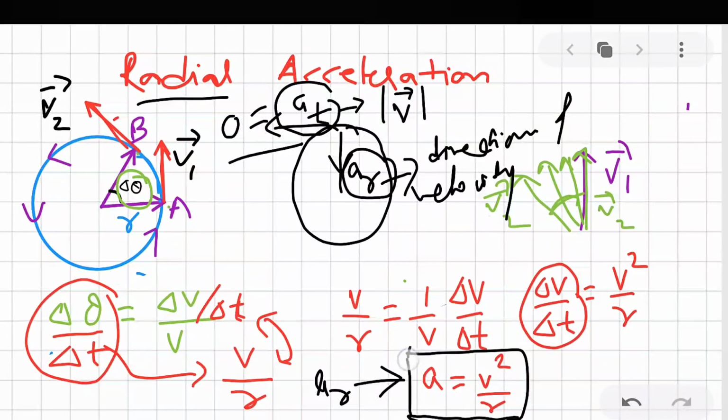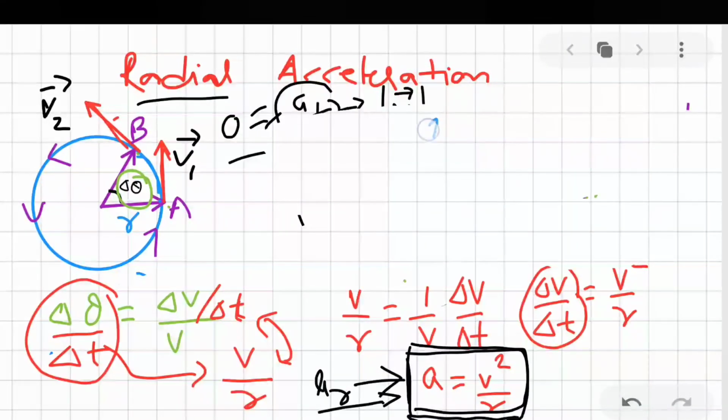Here we got the acceleration as V square by R. This is the total acceleration, and it is along the radial direction because tangential acceleration is 0. So radial acceleration is a equal to V square by R.